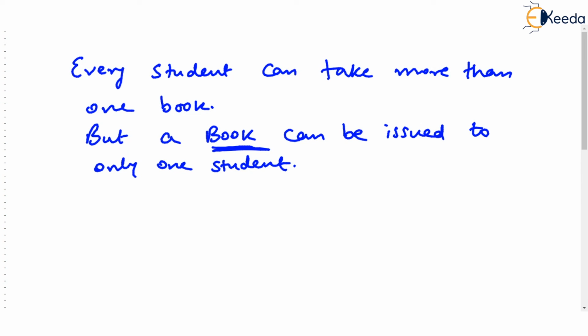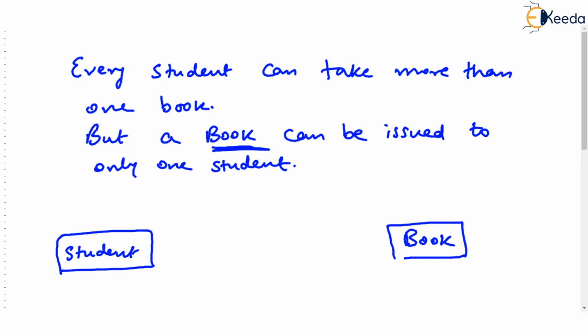Now immediately you understand that there is an entity called student and there is an entity called book. Correct? And student will have a key attribute like roll number. Every student has a unique roll number. Then every student will have name and so on.